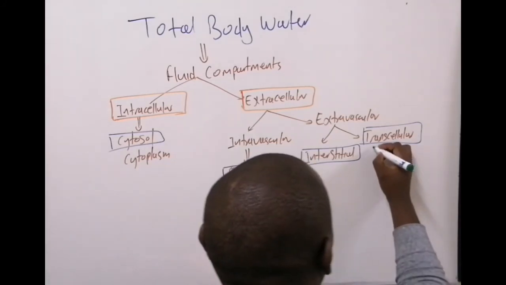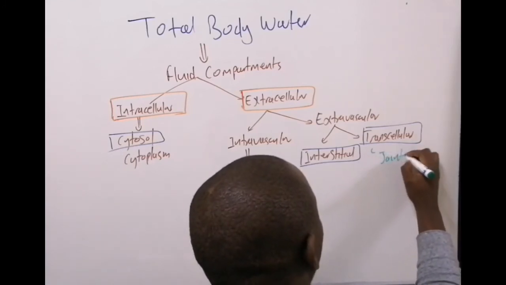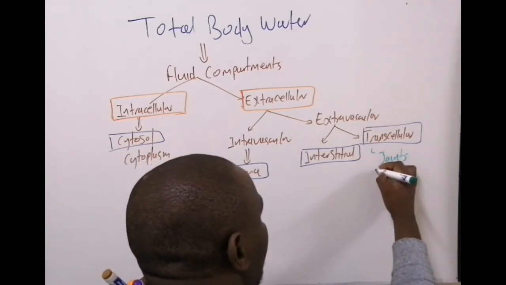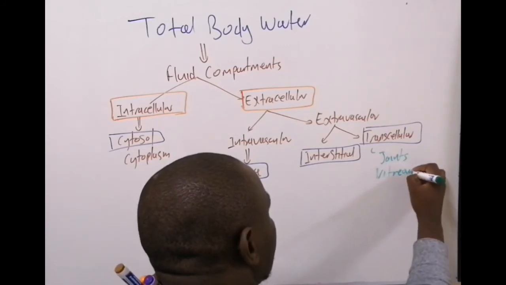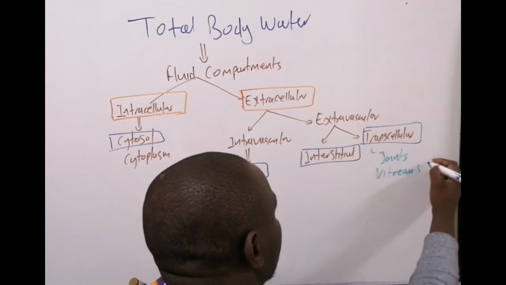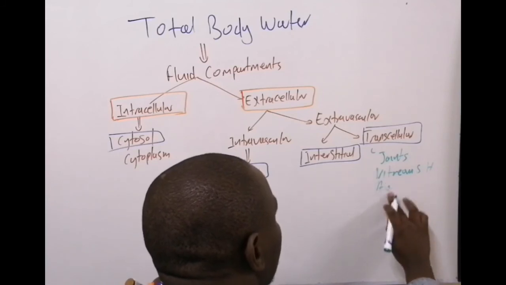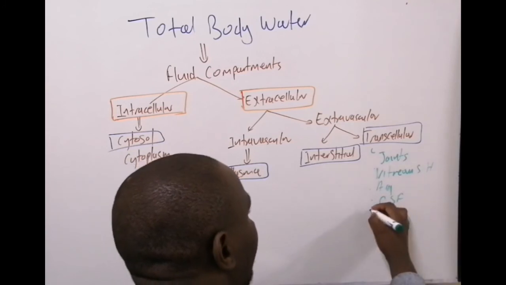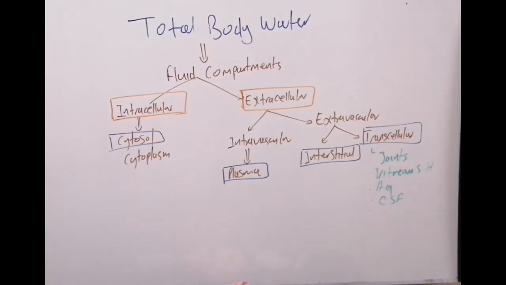It's the fluid that you find in the joints, the vitreous humor, the aqueous humor in the eyes, the CSF, the fluid in the pericardial space, and the fluid between the parietal pleura and the visceral pleura in the lungs.